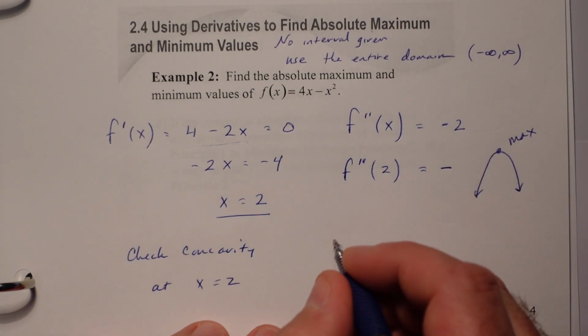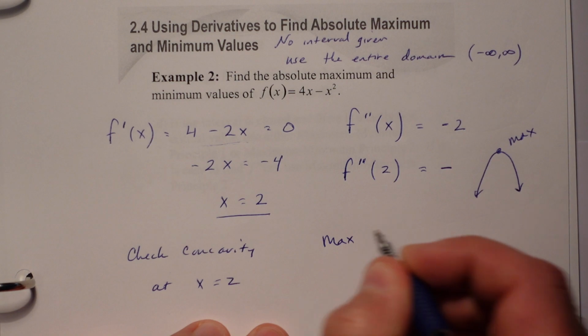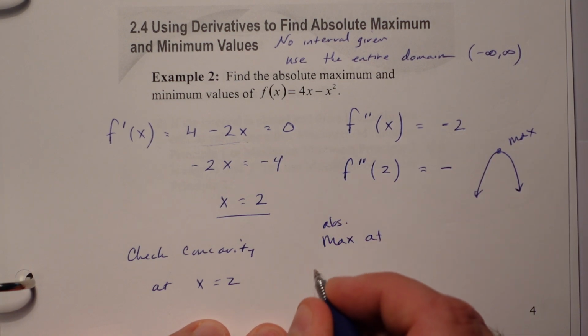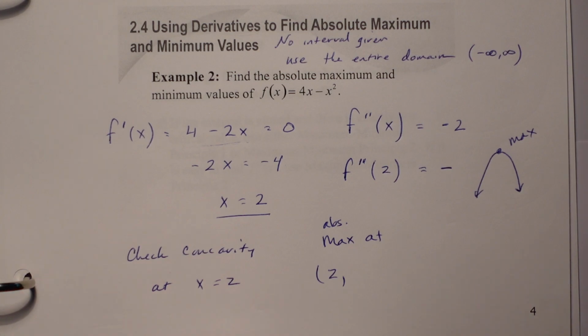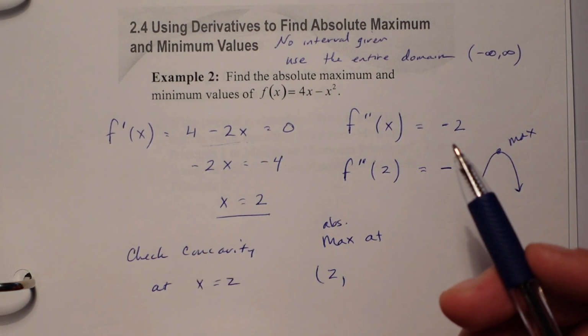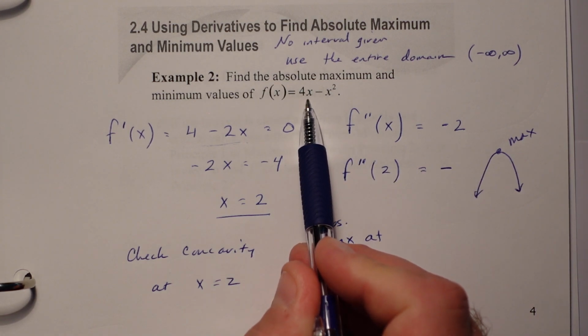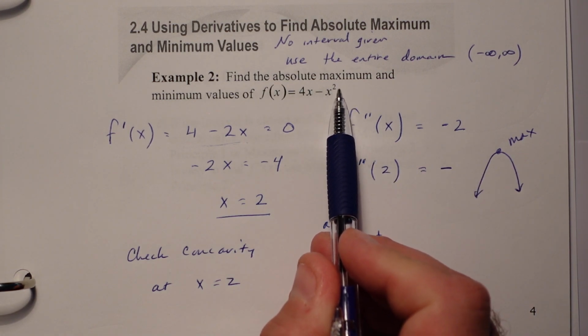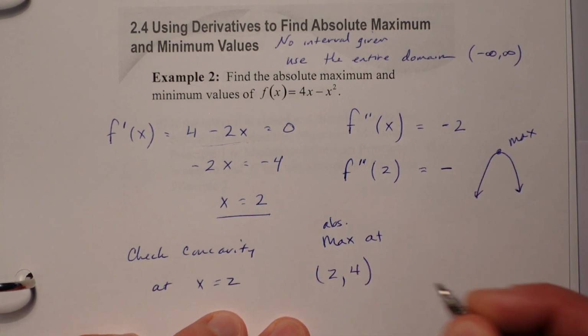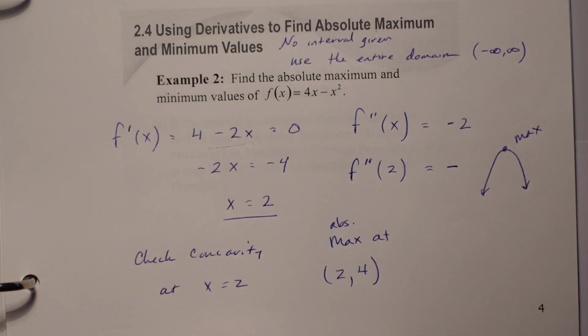So we're going to say here that we have an absolute max at x equals 2, and then to get the y value, I'm just plugging into the original function. So 4 times 2 is 8, minus 2 squared is 4. So 8 minus 4 is 4. So our absolute maximum is located at the point (2, 4).